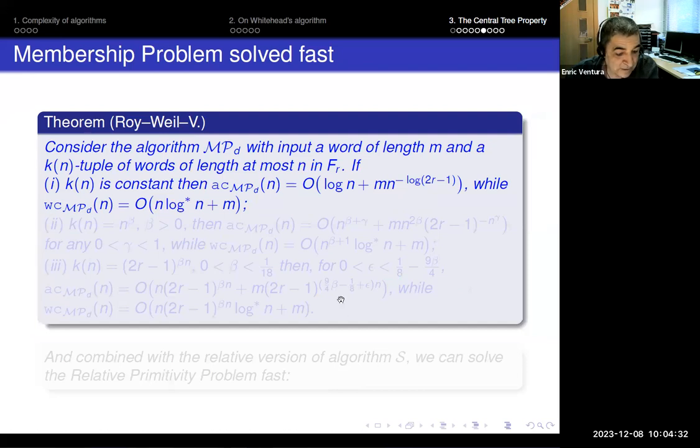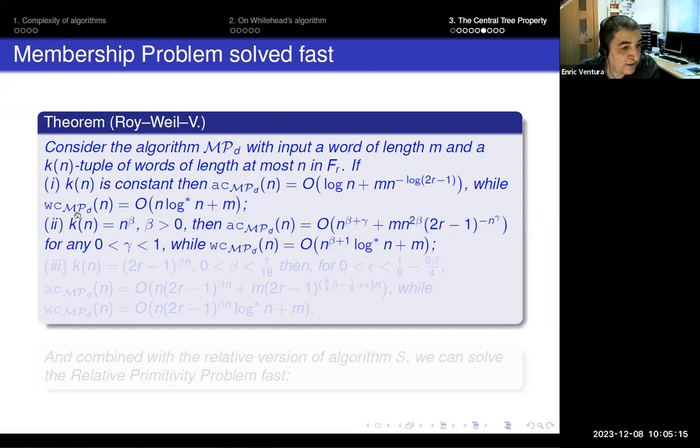Okay, our a little bit tedious calculations give the following average case complexity for this fast membership checking. When k is considered constant, so suppose that in the input k is constant, the average case complexity for this algorithm is logarithmic in n, while the worst case was n log star n plus m for the second part of the algorithm.